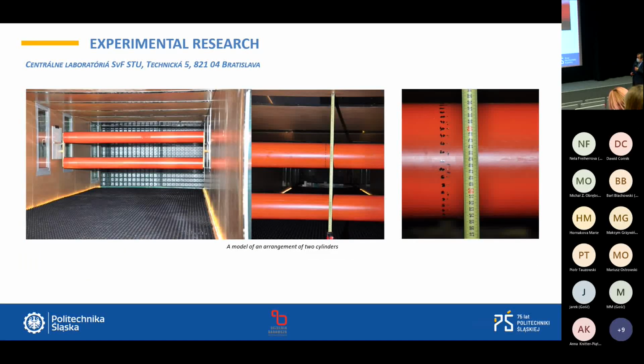years ago. So they made experimental research on the behavior of the two tubes, which are presented here, mainly because this problem is not well described in Eurocode. And in this case, they observe a very large Reynolds number.